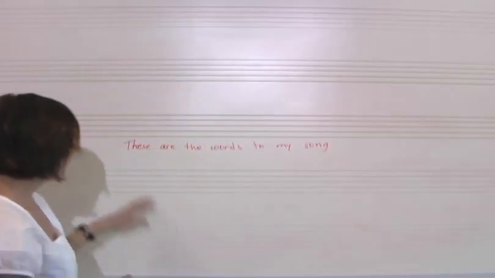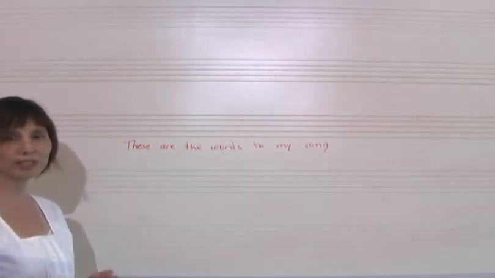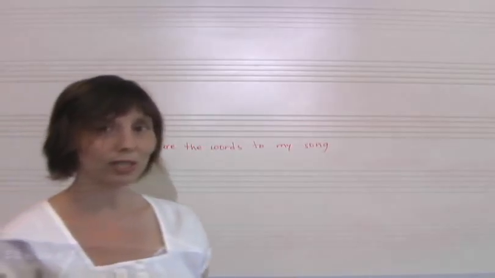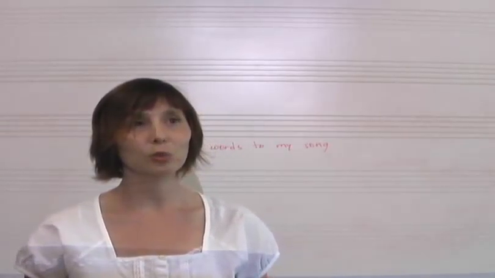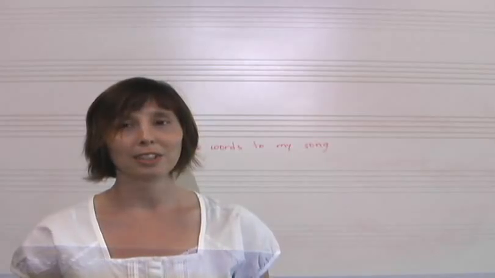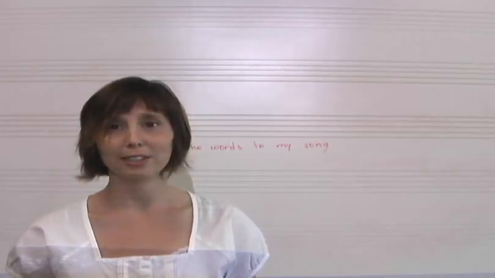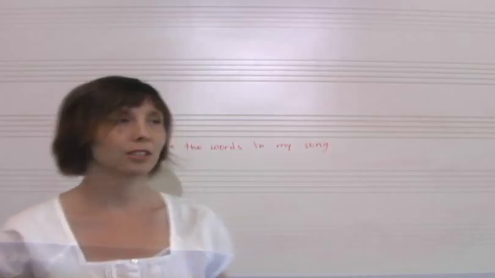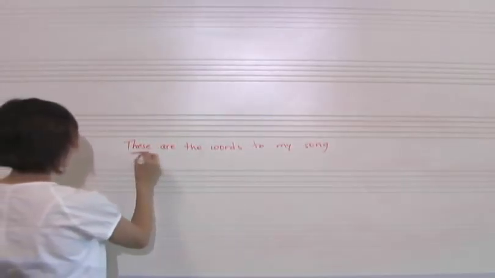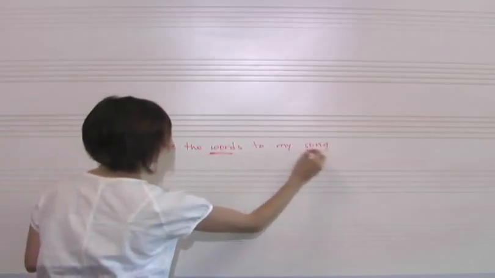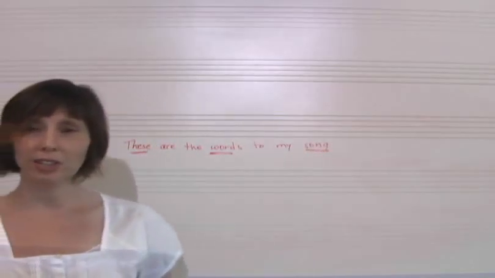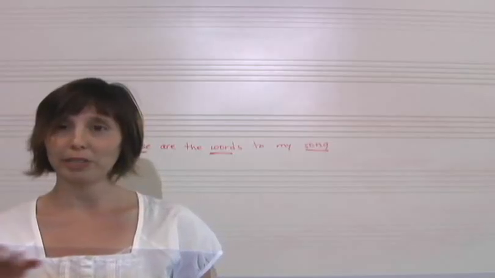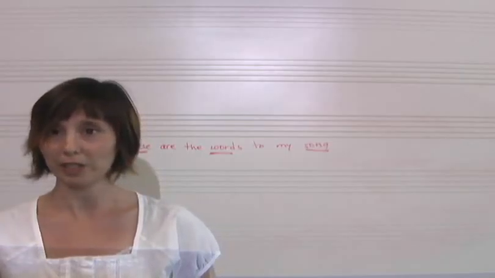Okay, so now what words here or syllables do I stress when I say it out loud? These are the words to my song. I stress these words and song, correct? So I know that these words and song should probably fall on beat 1 or beat 3.